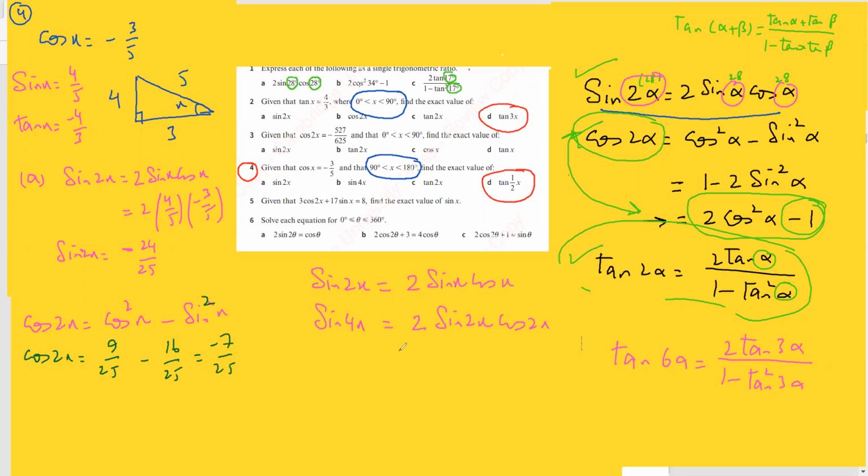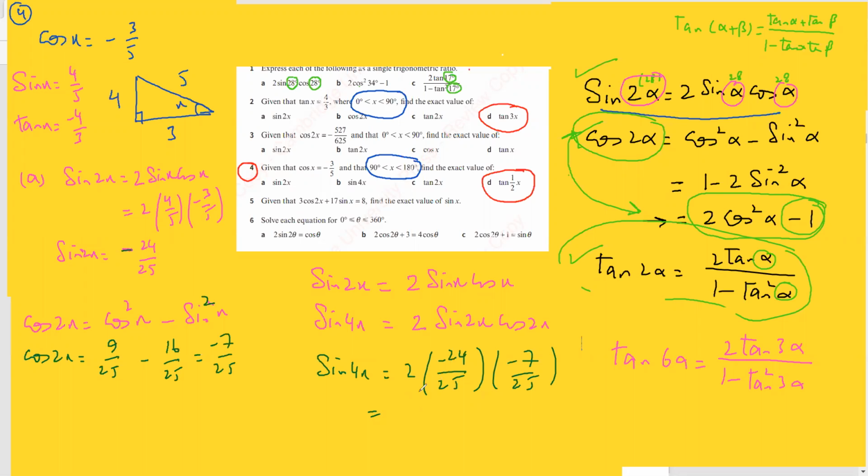Now let's put them here. Your sine 4x is going to be 2 sine 2x. Sine 2x is minus 24 over 25. And you have got this cos 2x, that is minus 7 over 25. So this is going to be 14 into 24.